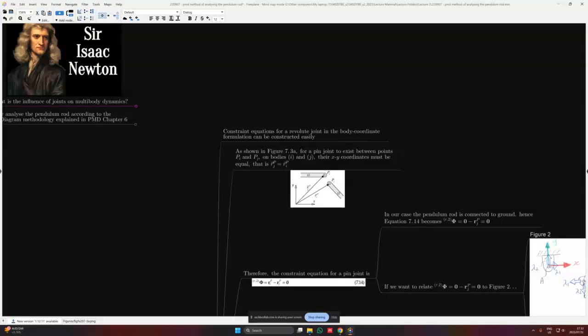So these two vectors that are constructed over here, rip and rjp, essentially lie on top of one another. And this is evident when we combine the two bodies with one another. The pin essentially goes through both points Pi and Pj on bodies i and j respectively. So that's why we can essentially enforce this vector equation over here.